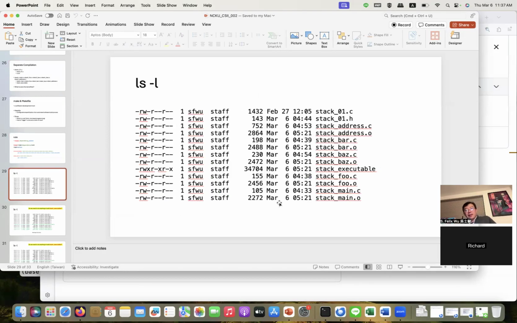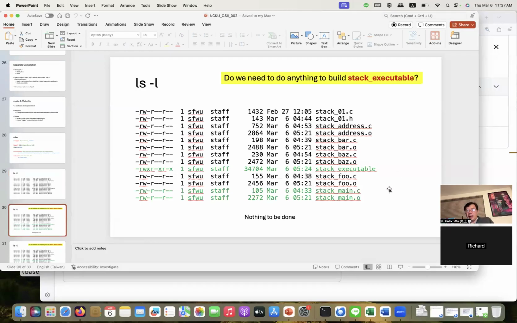Let me see. Okay. Now just look at that directory. I do an ls -l, and I got things that look like this. But in particular, I want you to take a look at these three lines: stack executable, stack main.c, and stack main.o.